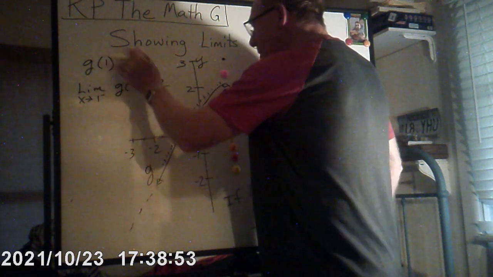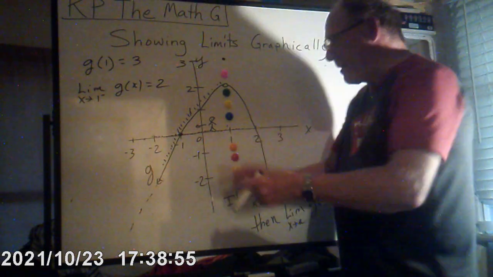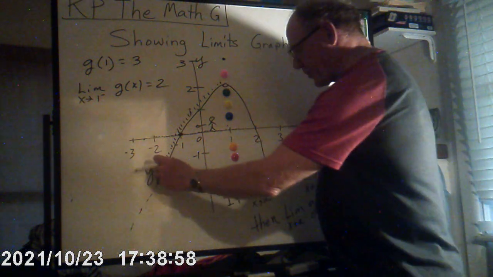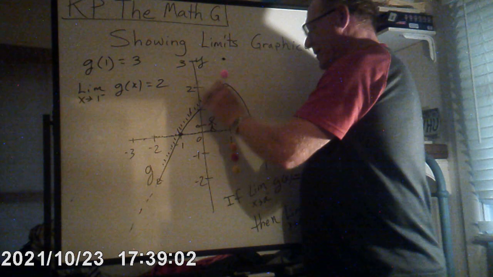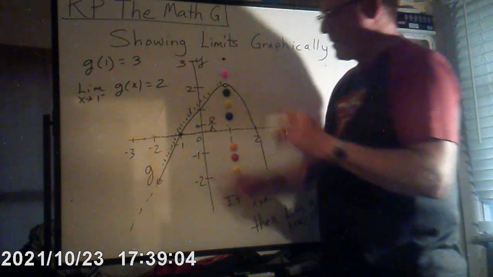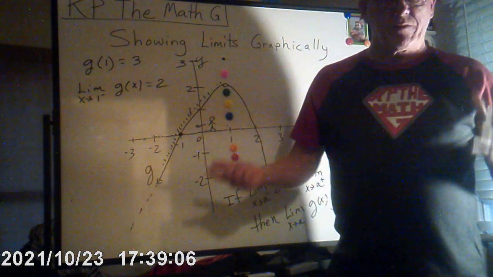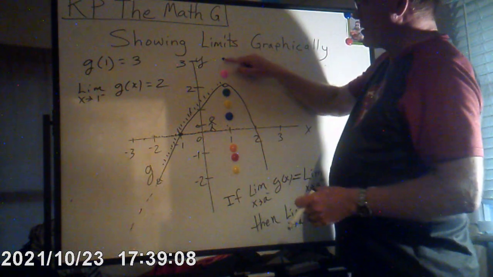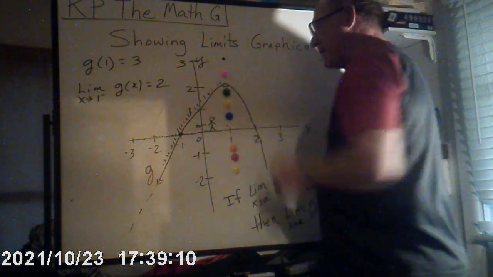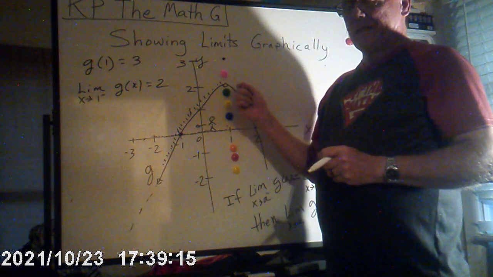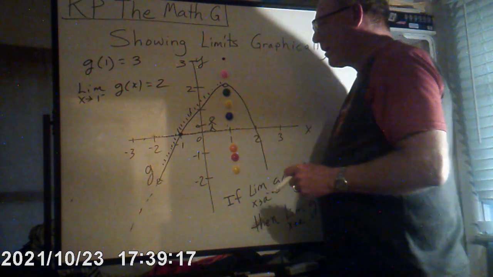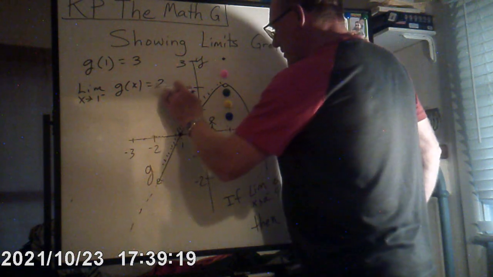Even though g at 1 is 3, the limit is still 2 because you're treading along the line itself. This is off the curve. This is on the curve. And when you look at limits, you want to look at the curve itself, not at the point somewhere off the curve. You want to look at whether it's a hole or a solid place. So yes, this is 2.